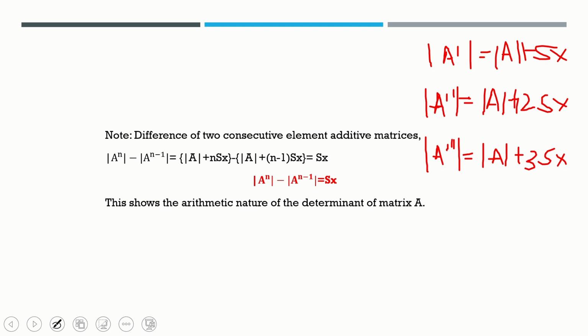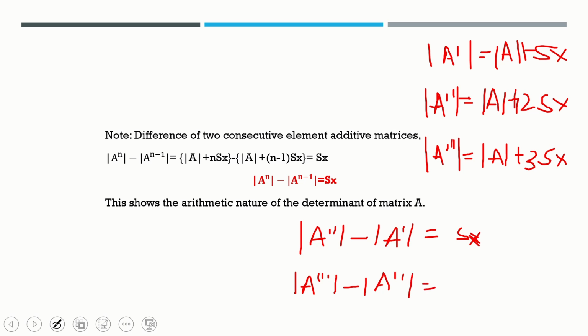If you do one thing, subtract A dash from A double dash. If you subtract, you will get Sx. If you do A triple dash minus A double dash, you get Sx.